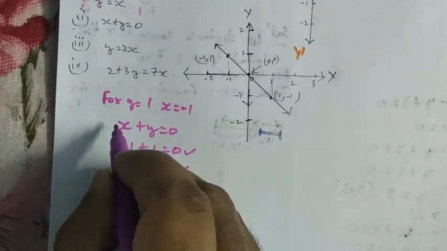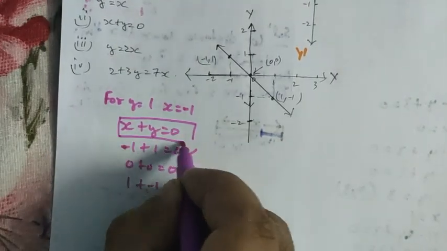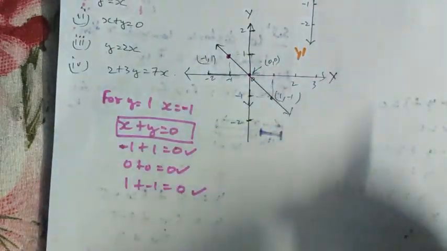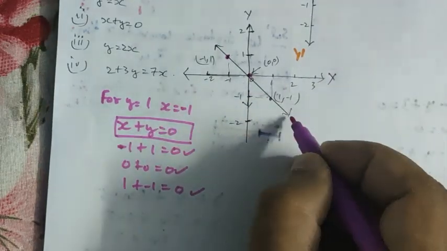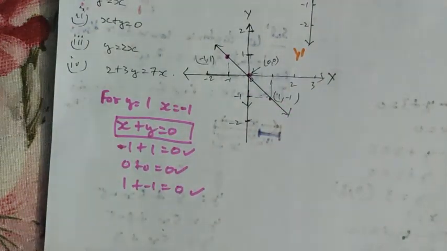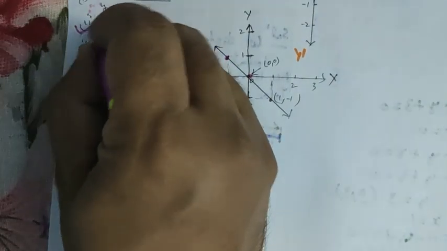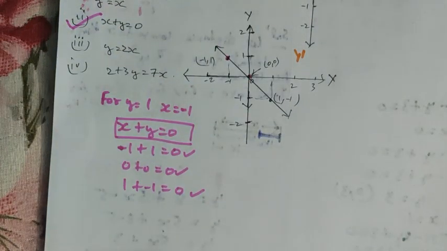So this equation is satisfying all 3 given points. Therefore, x plus y equals 0 is the equation for the given graph.